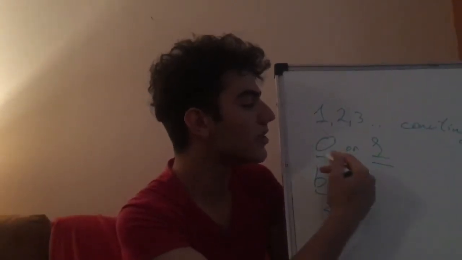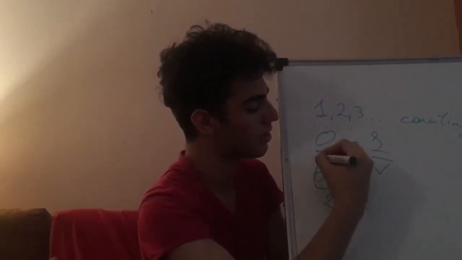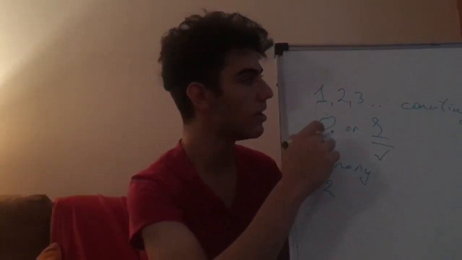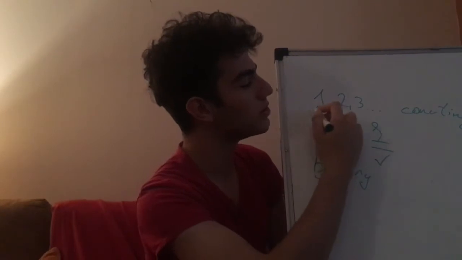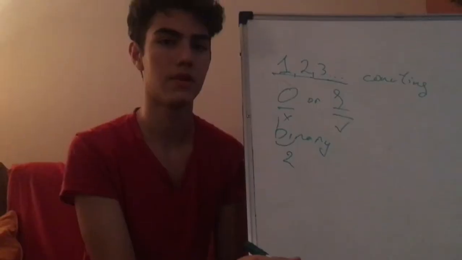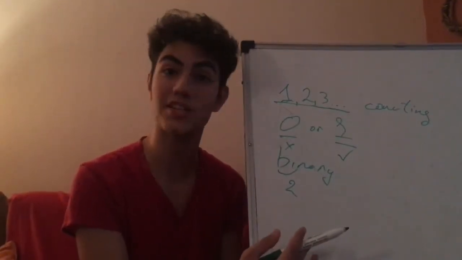So with the help of these two numbers, we indicate if something's there or not. We can also use these numbers and combinations of them to count as we do regularly. 1, 2, 3, and etc. To see how it's done, let's make everything we just wrote on the whiteboard magically disappear.